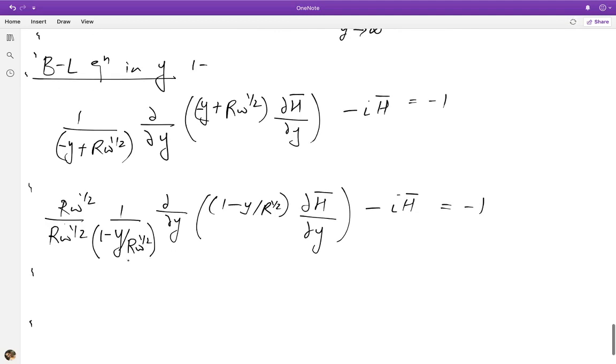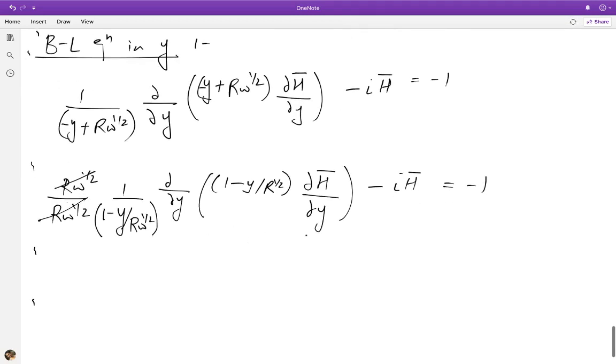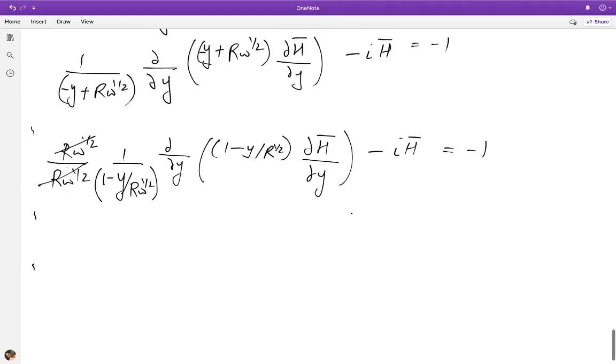Right, yes, so this looks fine. Now you'll see these factors cancel off, which is comforting because I want this to be a leading order term. And this is my new equation for h bar in the boundary layer coordinates.